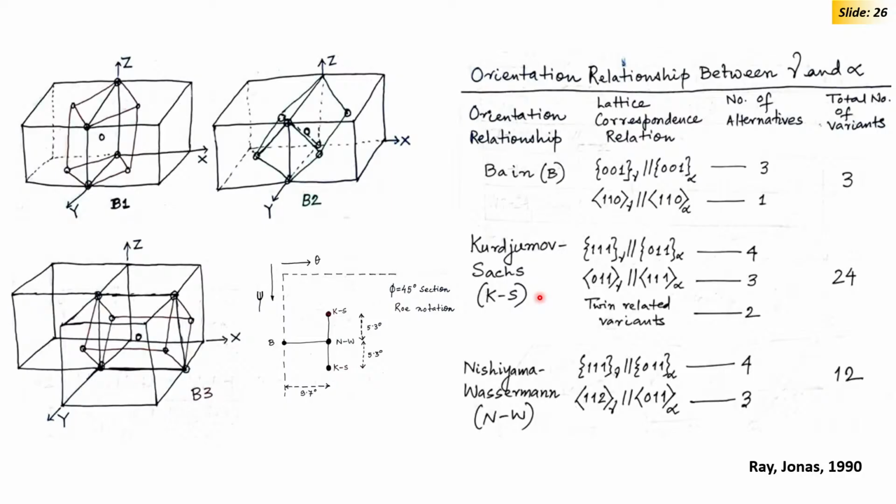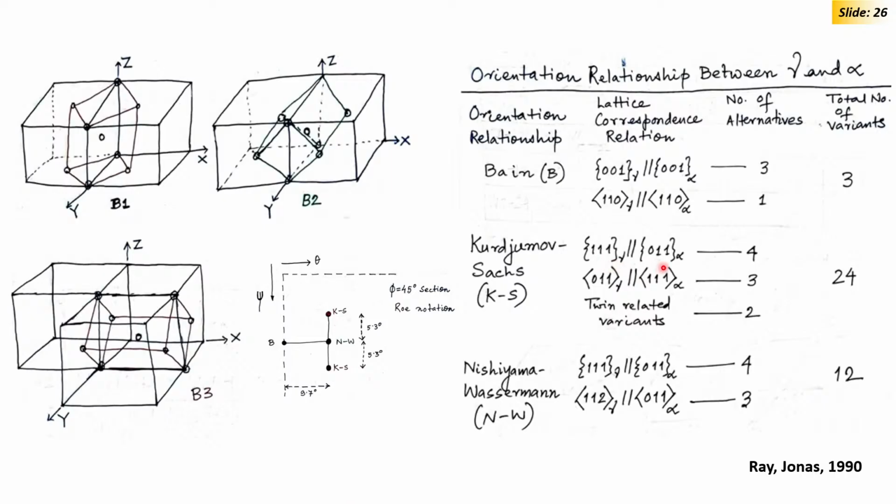since Bain is not fully obeyed, a rigid body rotation has to happen. So, more accurate orientation relationships are proposed by Kurdjumov-Sachs and Nishiyama-Wassermann. These are also not fully perfect. The actual thing is slightly deviated from them, but their work, particularly Kurdjumov-Sachs, since we work with steel, which is a high stacking fault energy material, works quite well.